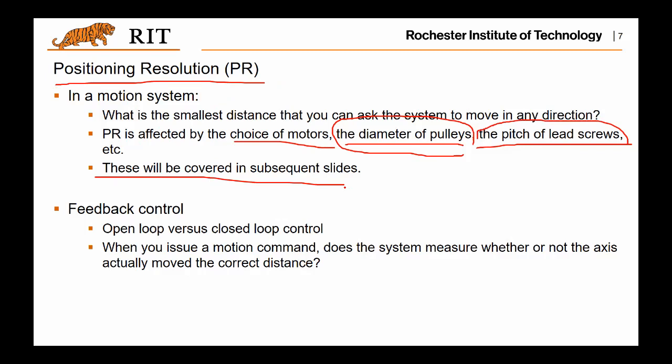Also for the control system, there will be open loop control and closed loop control. Open loop control is like there's only one direction. Basically, once the command is sent, there's no way back.